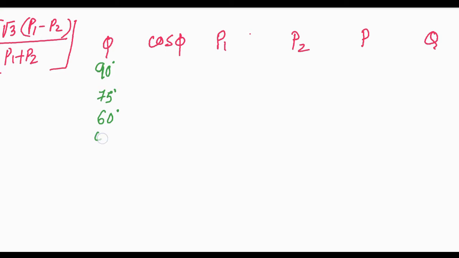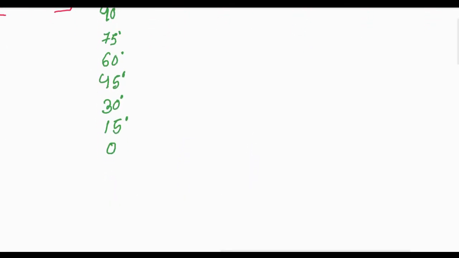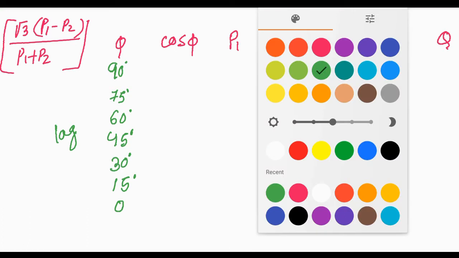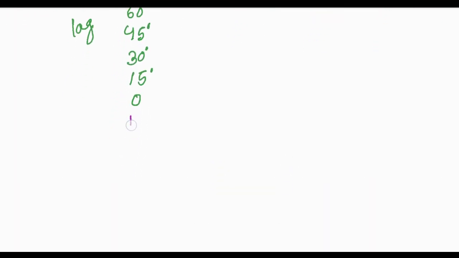So I am explaining these things, how we can analyze that 2 wattmeter method for the power factor. For what type of power factor, what will be the reading of wattmeter? So these values are lagging values, and I am changing the color for leading values, and all the same angle.